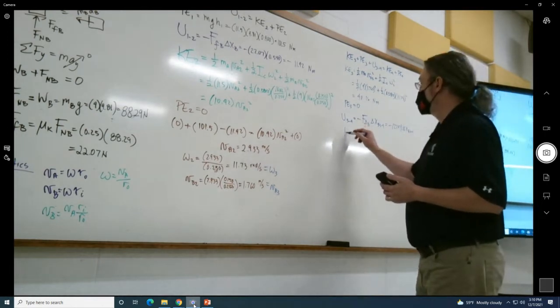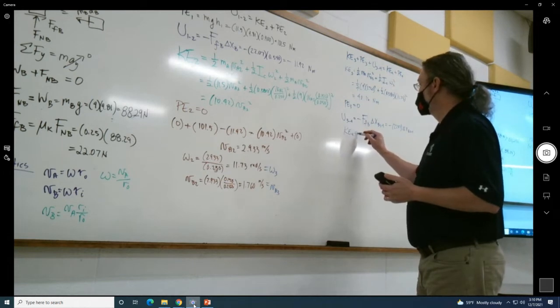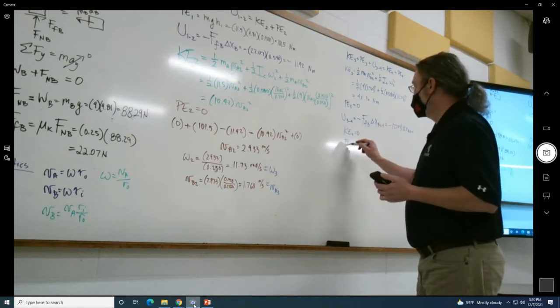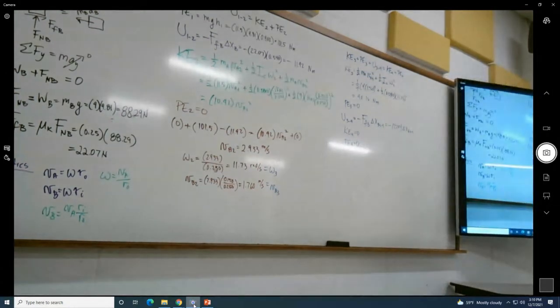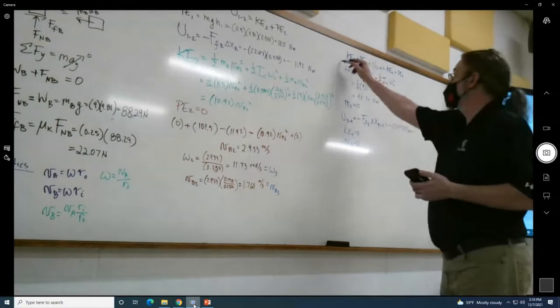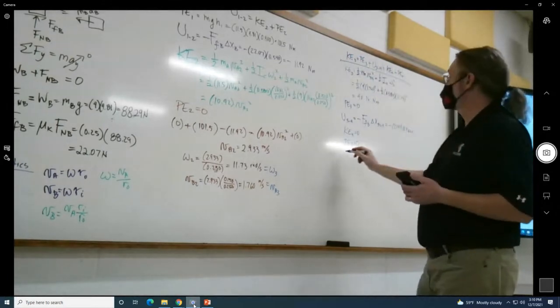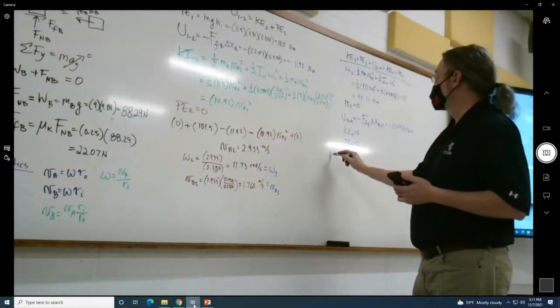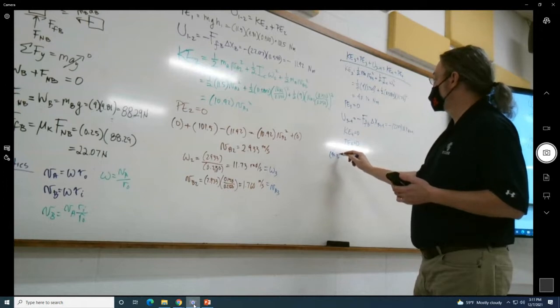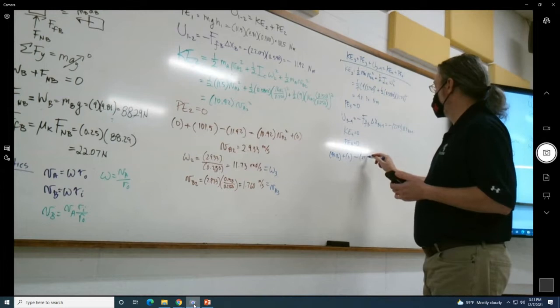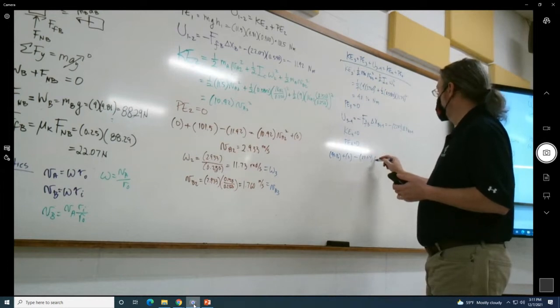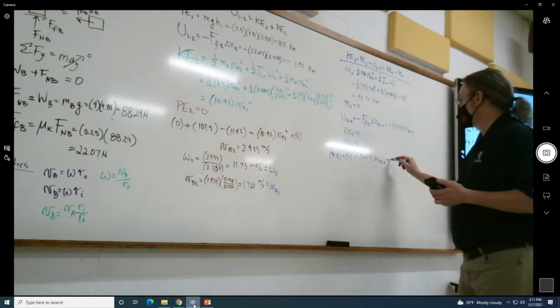And then KE4 is equal to 0. It's going to stop. PE4 is equal to 0. So put them all back into the original equation right here, and you get 40.16 plus 0 minus 22.07 times delta x B, 3 to 4, is equal to 0 plus 0.